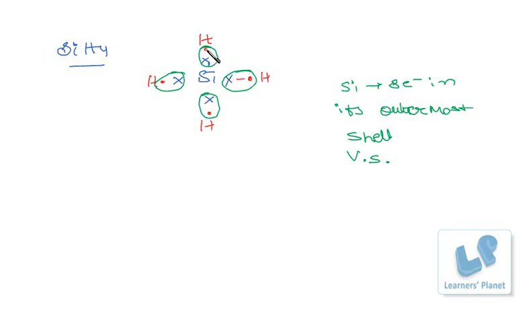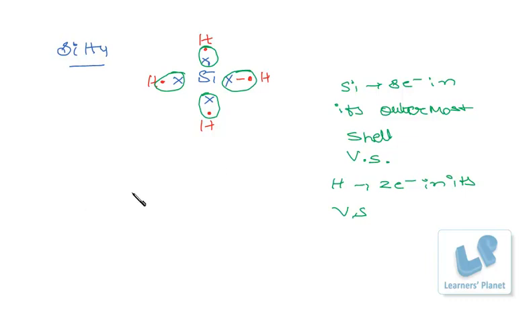See, 1, 2, 1, 2, 1, 2 and 1, 2. So hydrogen has 2 electrons in its valence shell now. So both have shared the electrons. So what is the valency of silicon? It's 4, and the valency of hydrogen is 1. Hydrogen can have a maximum of 2 electrons in its valence shell.